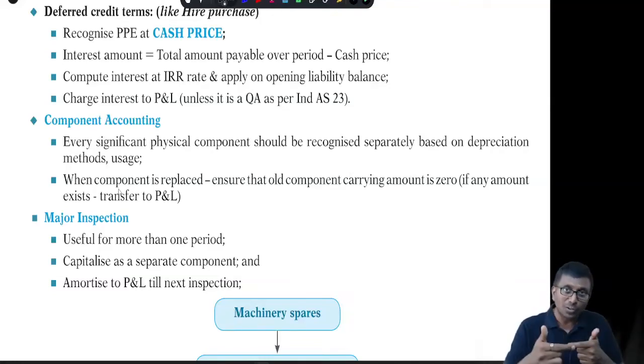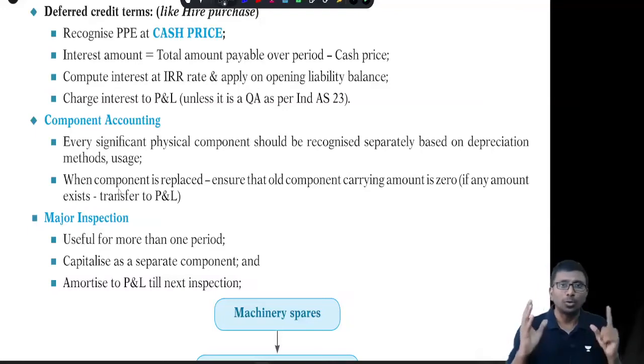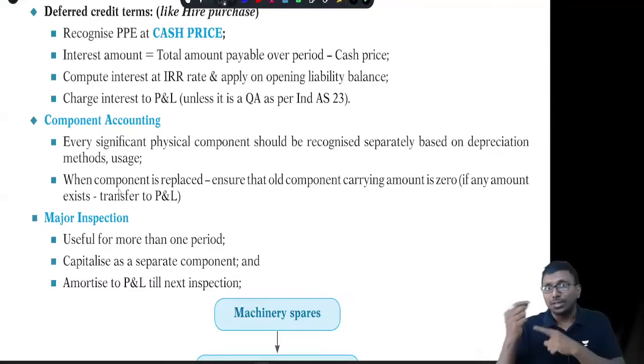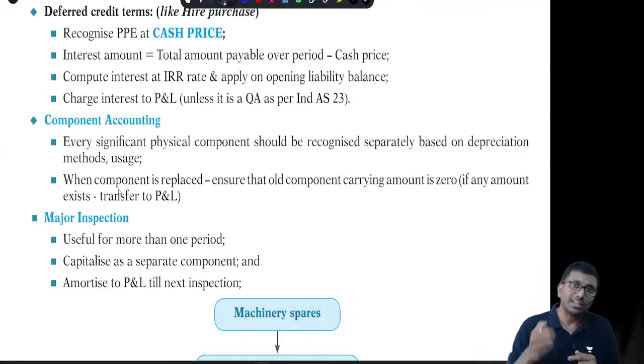That is a very important point. When you are replacing any one part after a certain point of time, we need to remember and ensure that the book value of the old part becomes zero before you capitalize the cost of the new part.